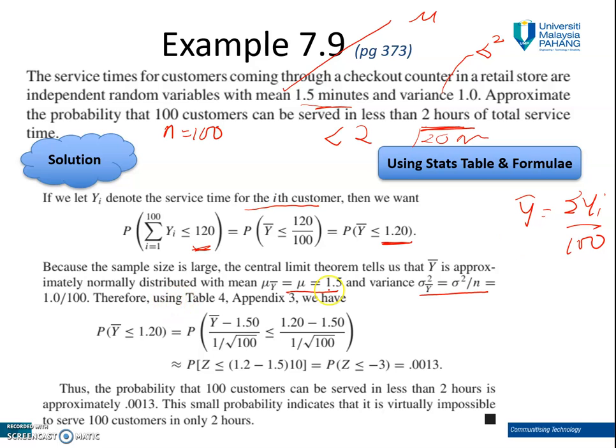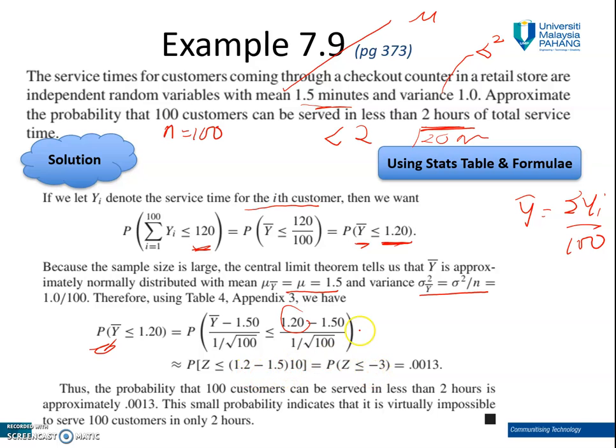So you have 1.5 for mu, and for the variance of the sample mean you have 1.0 divided by 100. You use the same method, which is to find the probability of Y bar minus mu over 1 over square root 100. You substitute and simplify.